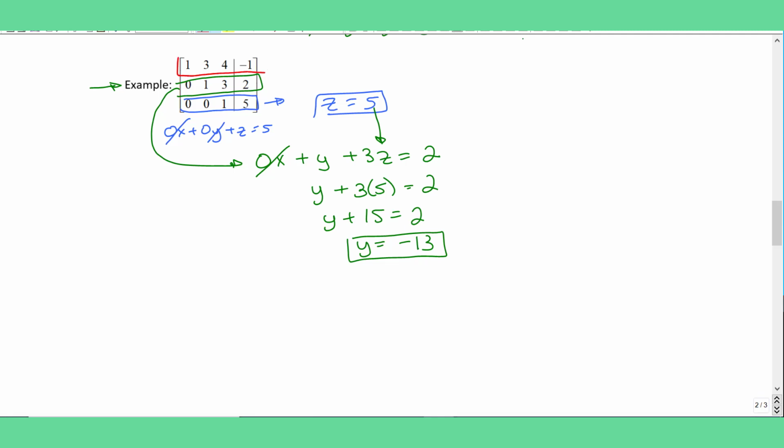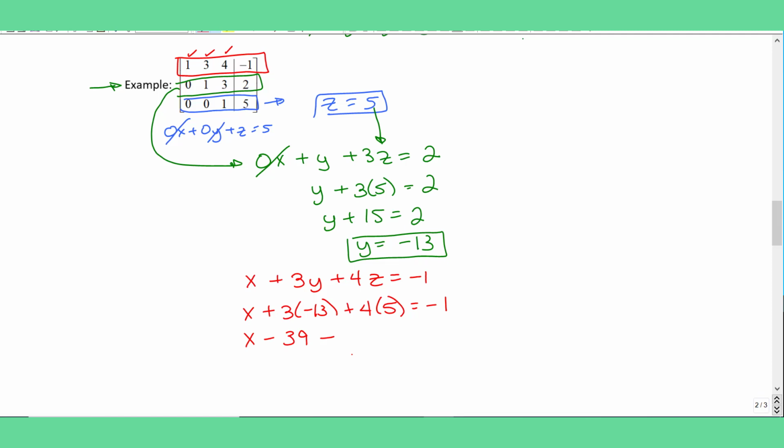And then my last one is I get x. So I have x plus 3y plus 4z is equal to -1. X, y, z. So again, filling in, we have -13 for y. We have 5 for z. So that's x minus 39 plus 20. That's x minus 19.